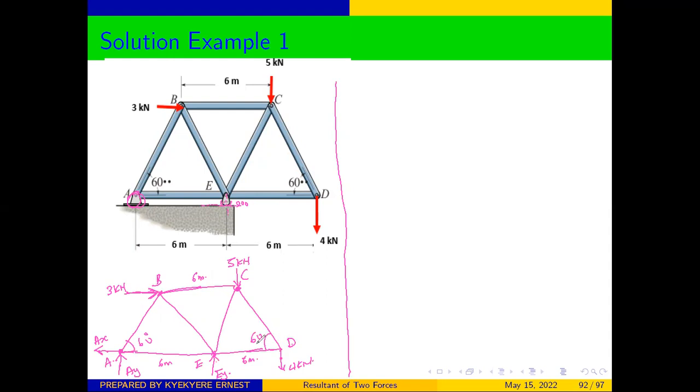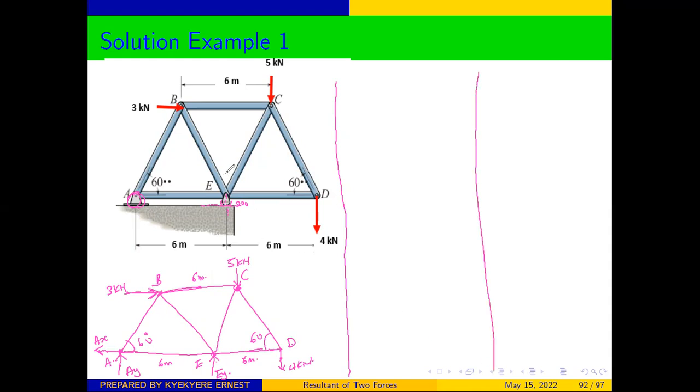That is the first thing we need to determine before we can even analyze the internal forces in the truss system. How do we determine these external forces, which we don't know, also referred to as reactions at support? We can determine them using the equations of equilibrium.